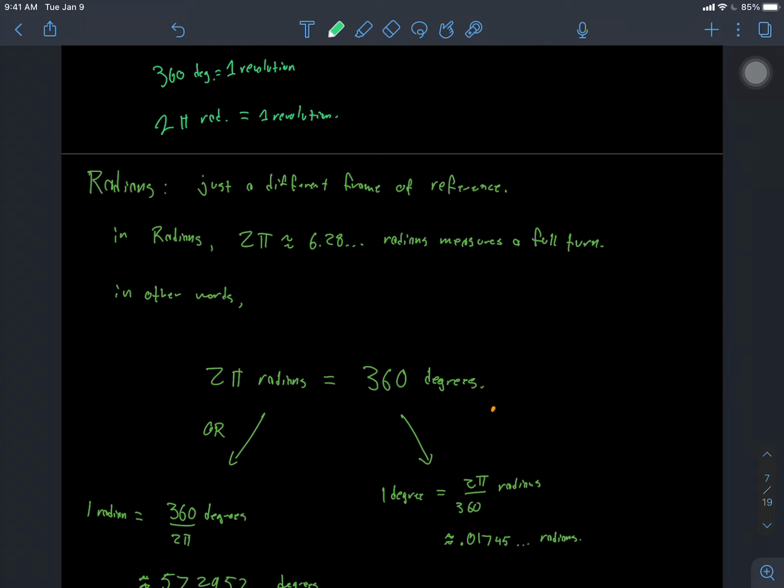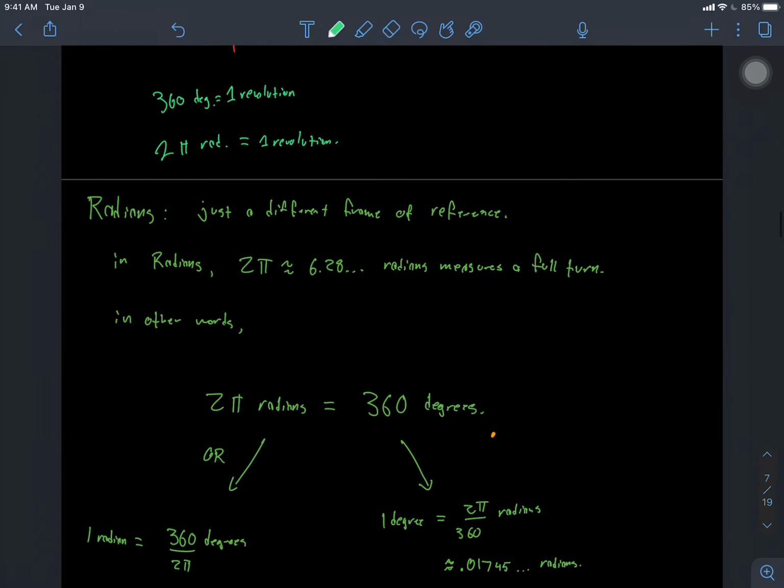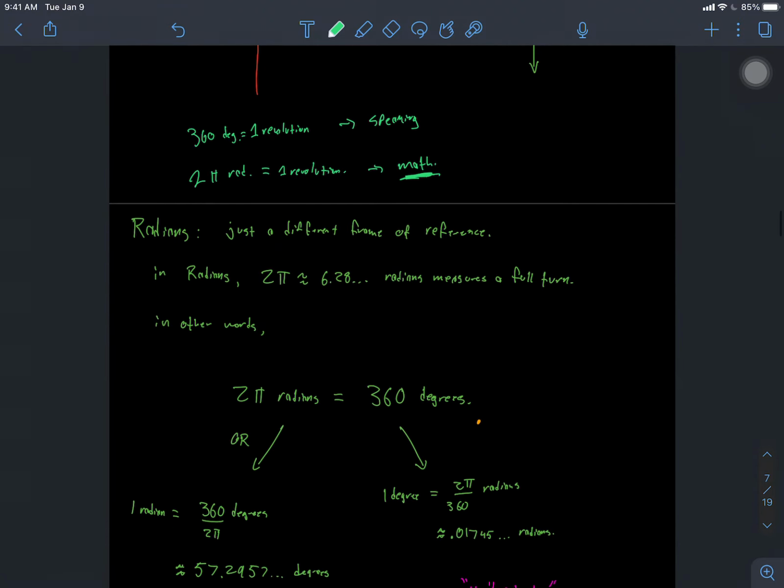I'd say they did a 720 or something like that, because they did a 4 pi radian spin. That just doesn't really roll off the tongue in the same way. So we have these two different things, and really degrees is good for speaking, and radians is good for math. Most of the time when we're talking about doing math, we're going to use radians just because it makes all the computations very easy.